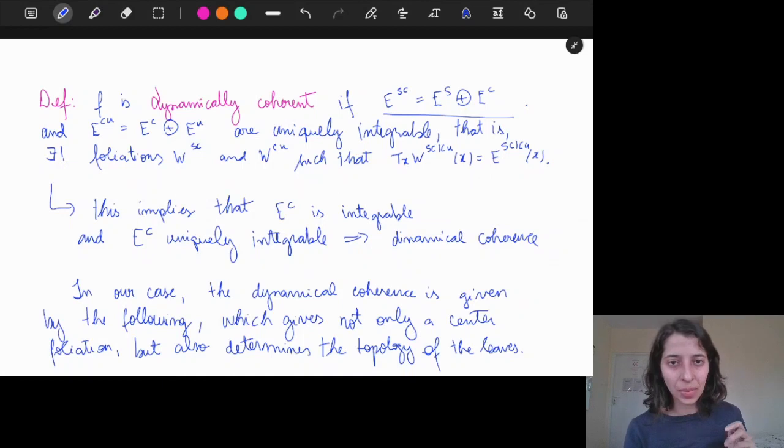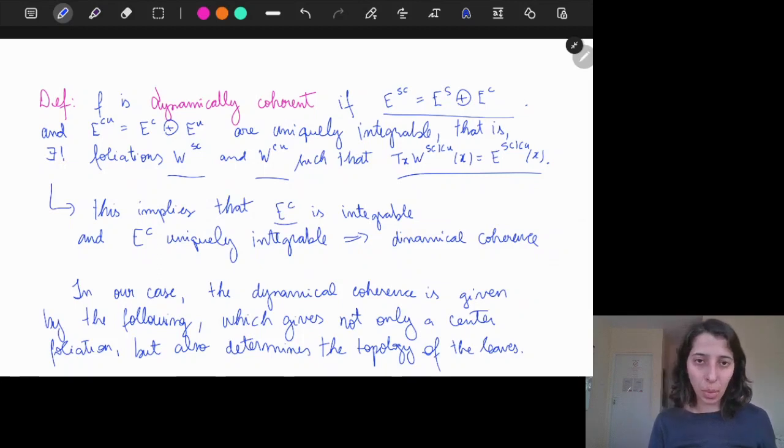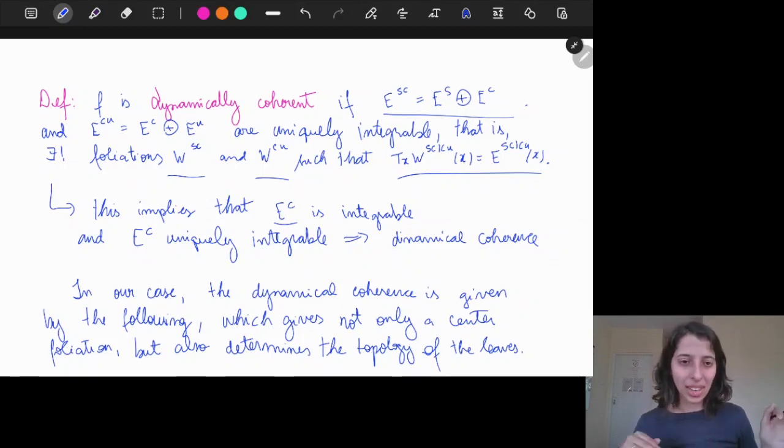So in this case, this is the same as saying that there are unique foliations that are tangent to this direction, and this implies that E^C is integrable, because we just have to take the intersection of the center stable and the center unstable leaves to get the center one.